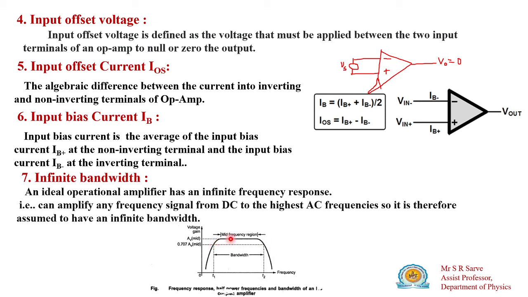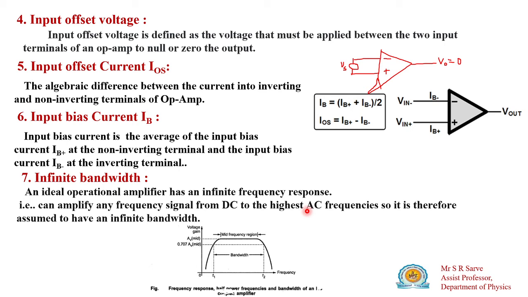So bandwidth means it can pass or filter any frequency of signal at the output. So that's why we say that it should have infinite bandwidth. Means an operational amplifier has infinite frequency response, it responds to every frequency. So it can amplify any signal from DC, that means zero frequency, to the highest AC.